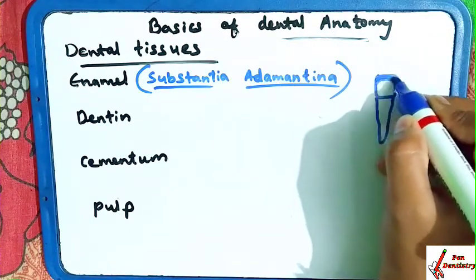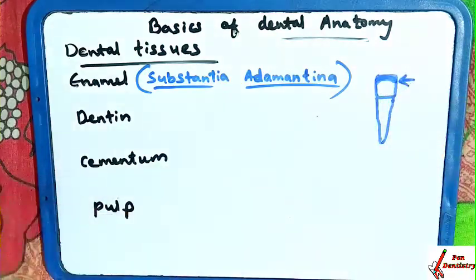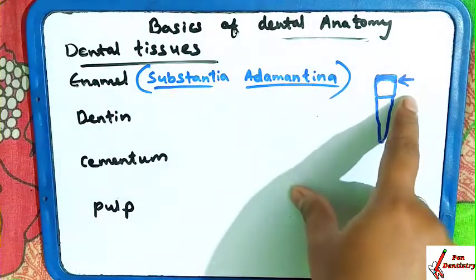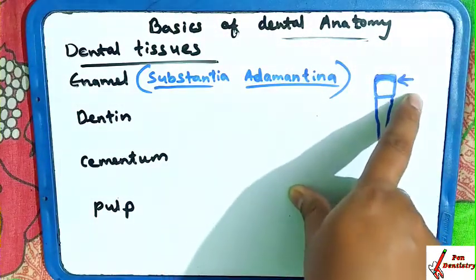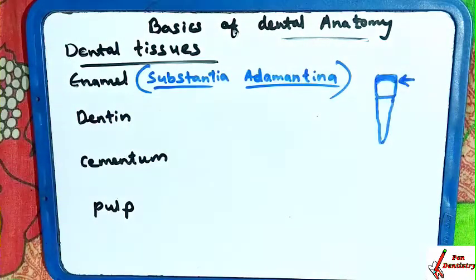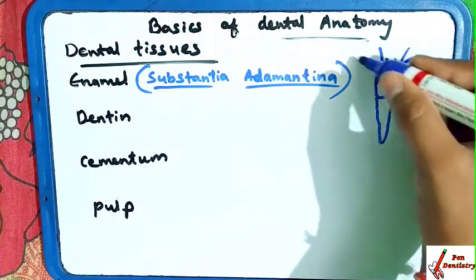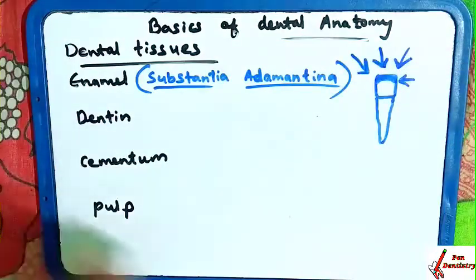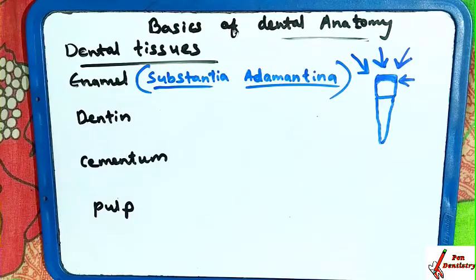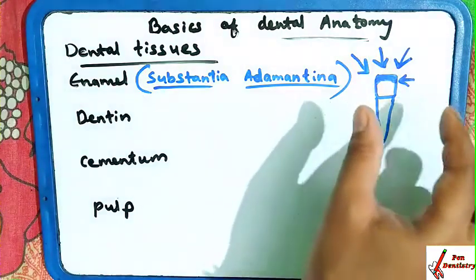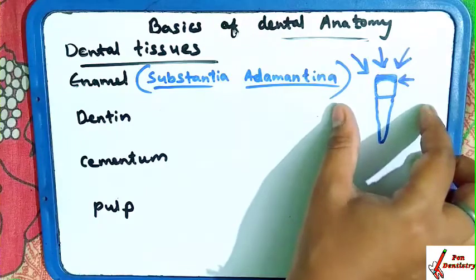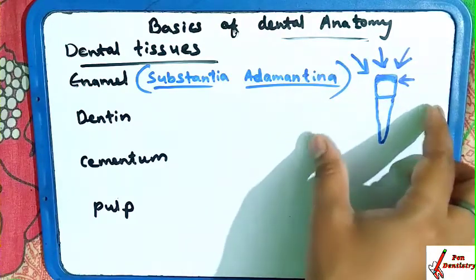It is the hardest material of the human body. Why is the hardness necessary here? Because during chewing, forces are applied on the enamel, so to withstand the forces and help in chewing, the enamel is the hardest portion of the tooth.